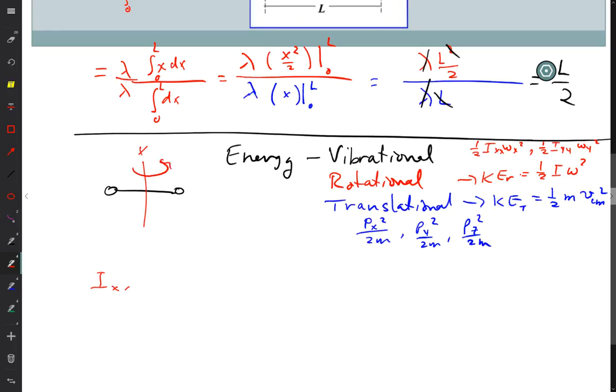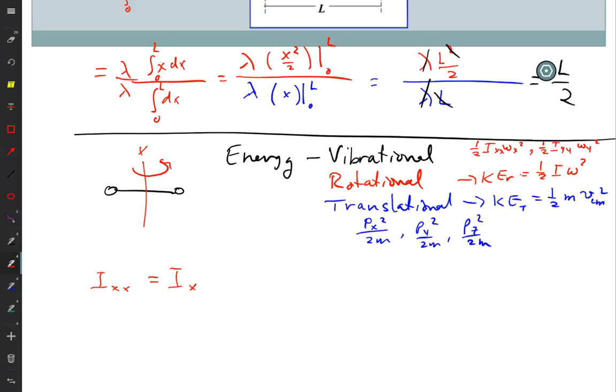Now it's called Ixx because remember, I said moment of inertia is really a tensor. You have 6 unique values for it. But most of the time, especially in general physics problems, if they're both the same, we'll just write one of the indices and call it Ix. For all our purposes, that's all we're going to do. Ix, potentially Iy, but in this case it'd be the same.